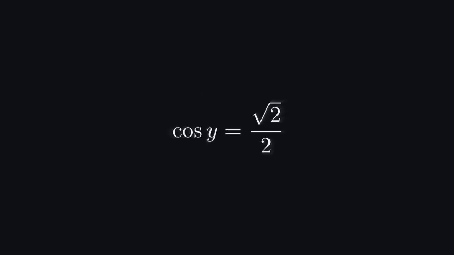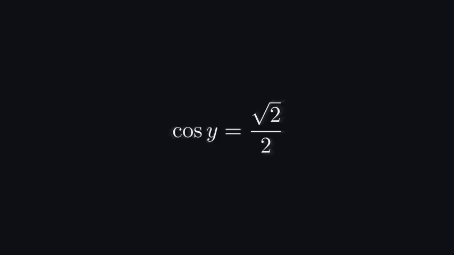1 minus cosine of y over sine of y. Sin of y equals the square root of 2 over 2. Now substitute the exact values of sine of y and cosine of y.